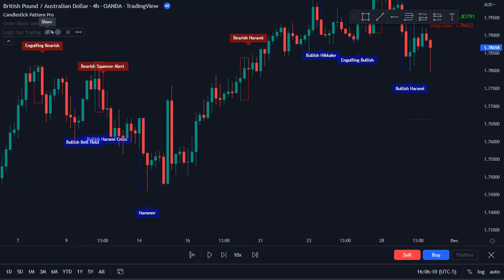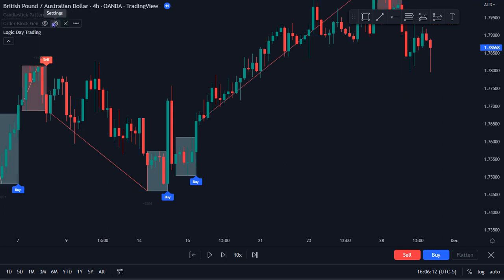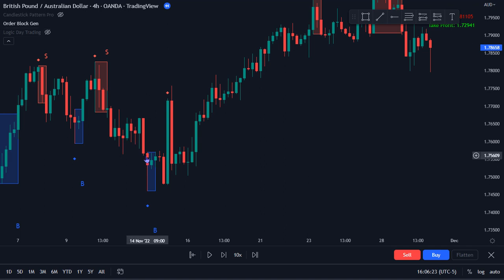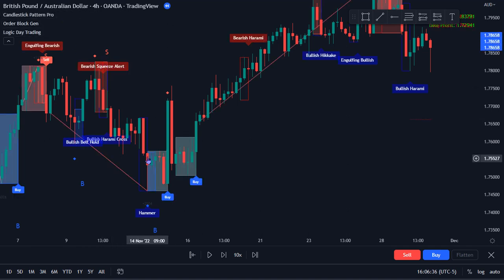If we turn off the Candlestick Pattern Pro and now turn on the Order Block Gen, we can see that same down candle is part of both of those as well. So we now have this candle here overlapping with all 3 of these indicators. And they are all lining up together. As I turn them all back on, we see this happen.